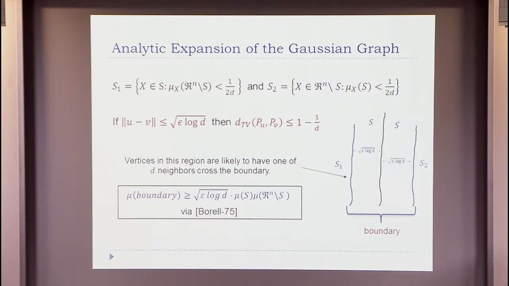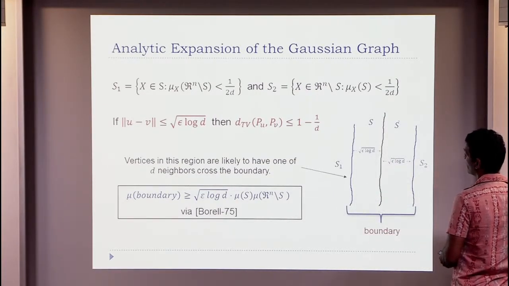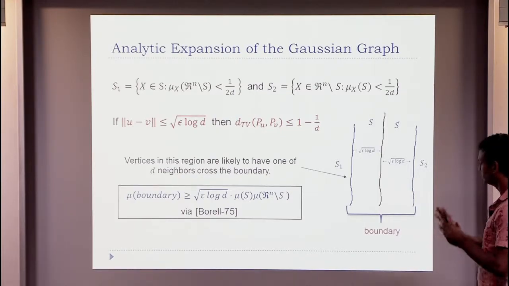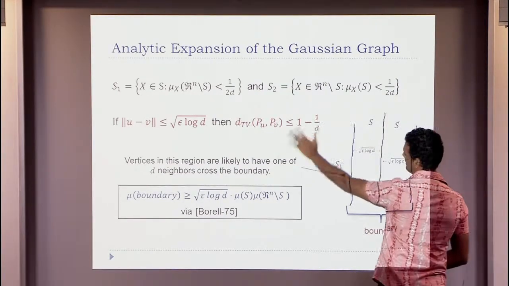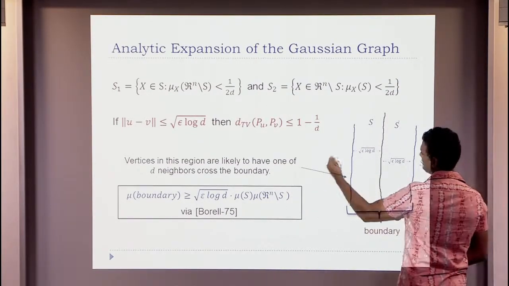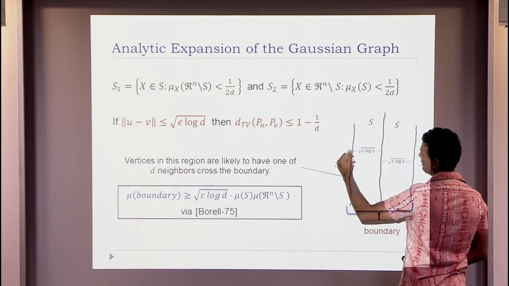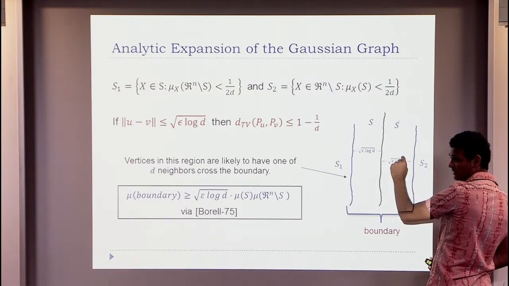You have a Gaussian, and you can reduce the question to the one-dimensional case. So I have some subset S. I'm picking a vertex from it, and I want to know, if I pick d neighbors according to this distribution, what's the probability that one of them falls outside?